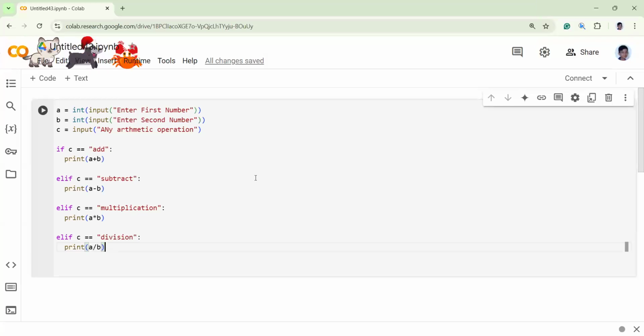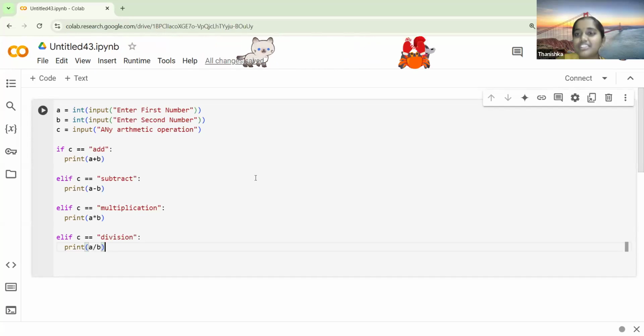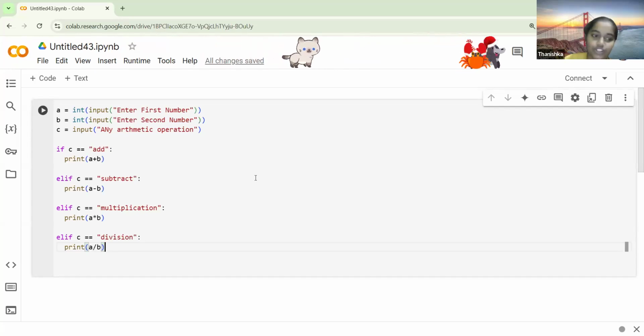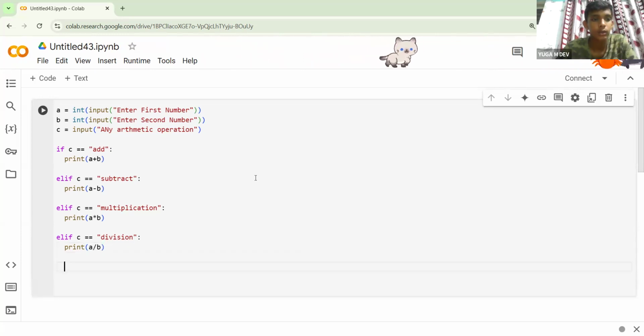I have joined the class late. I don't know what they are explaining properly. You can understand the code we have written, right? And you have attended the classes. Oh, Yuga, you found out? So you can write if A and B is equal to 0, print.